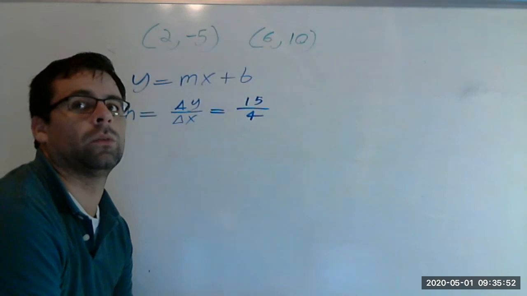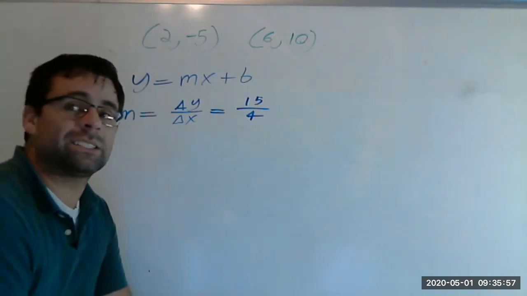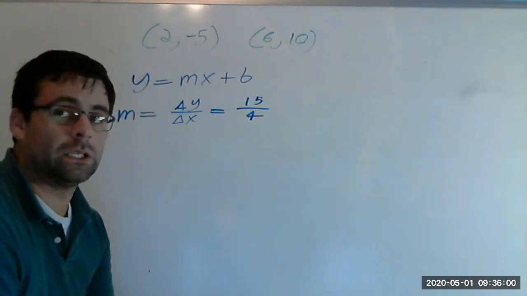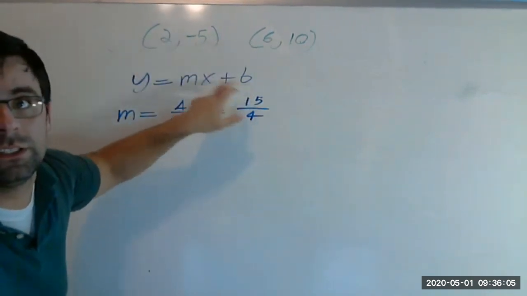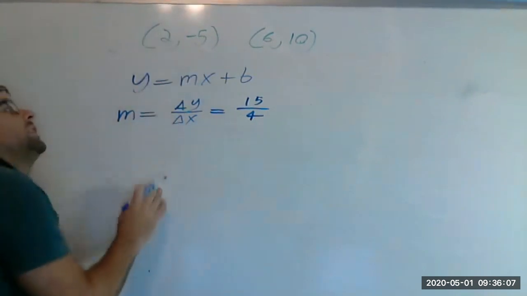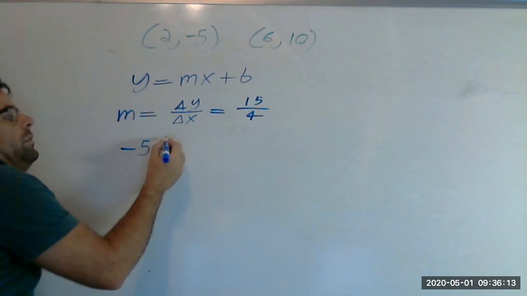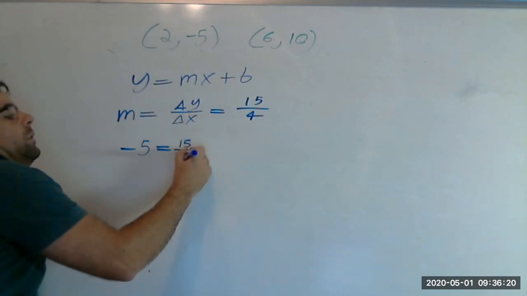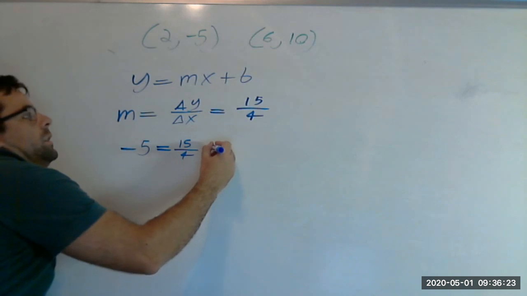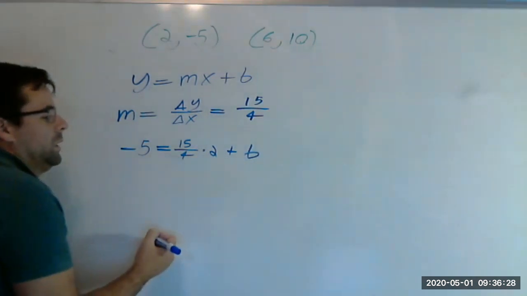So 15 over 4. The next thing you do is you pick one of the points and you plug in x, y, and m to this equation. So we're just going to use this one. So that is -5 equals 15 over 4 times 2 plus b.